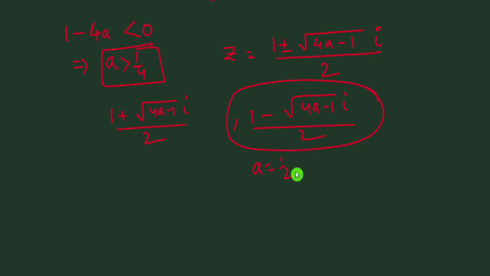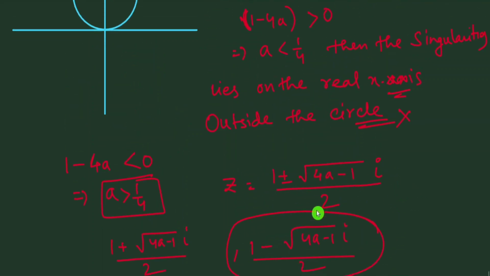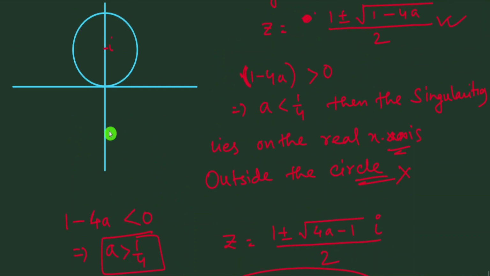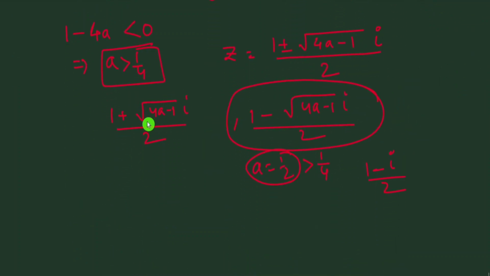If we take a equal to 1 by 10, which is greater than 1 by 4, if we put it here, then we get 1 minus iota by 2, which is the point 1 by 2, iota by 2, and the other is 1 by 2, minus iota by 2, in this quadrant, which is clearly outside the circle, and only this point, 1 plus root of 4a minus 1 into iota, is the only singularity which lies inside the circle.